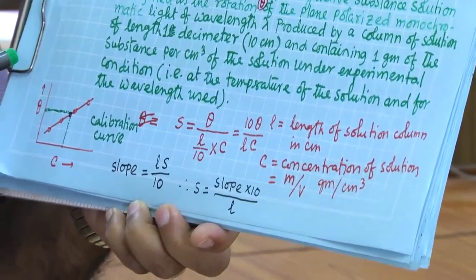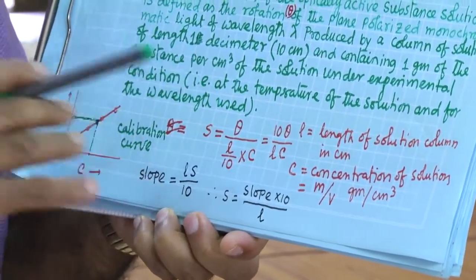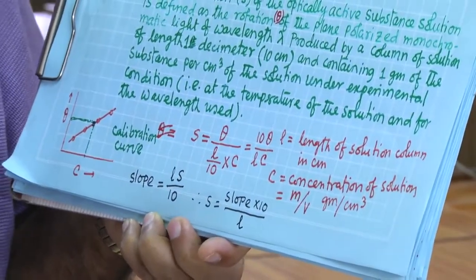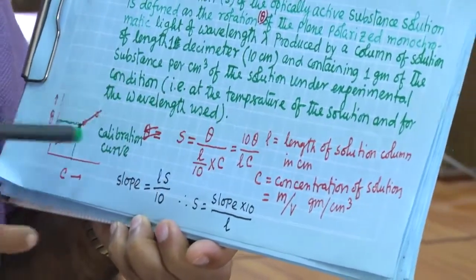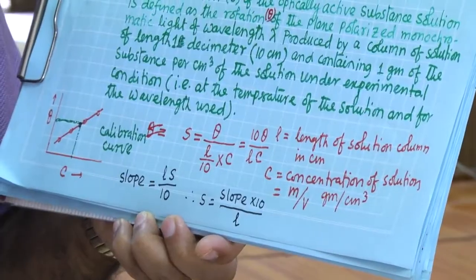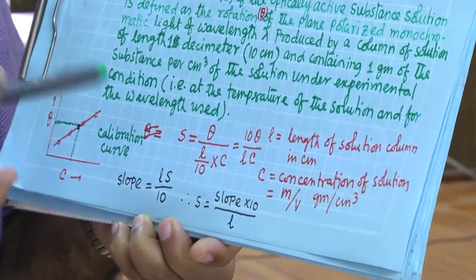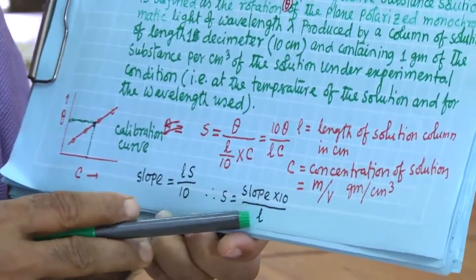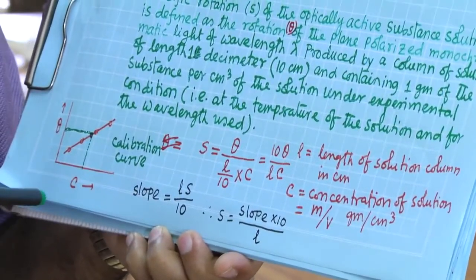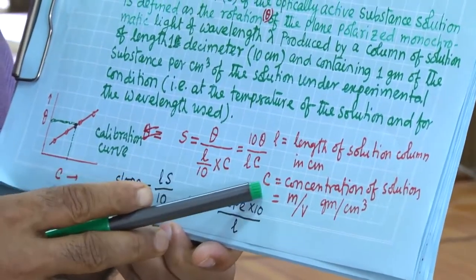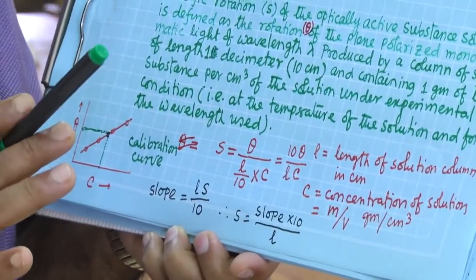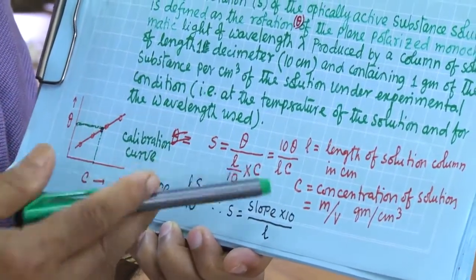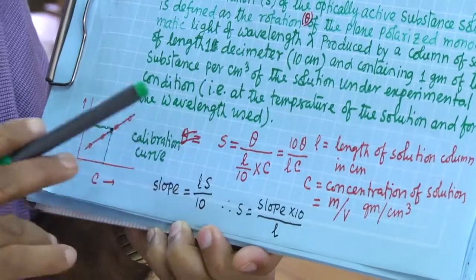Okay. So, we will put this solution in the tube containing the solution. Its length is known to us. Okay. Now, all conditions are the same. So, for that solution we will measure the angle theta.